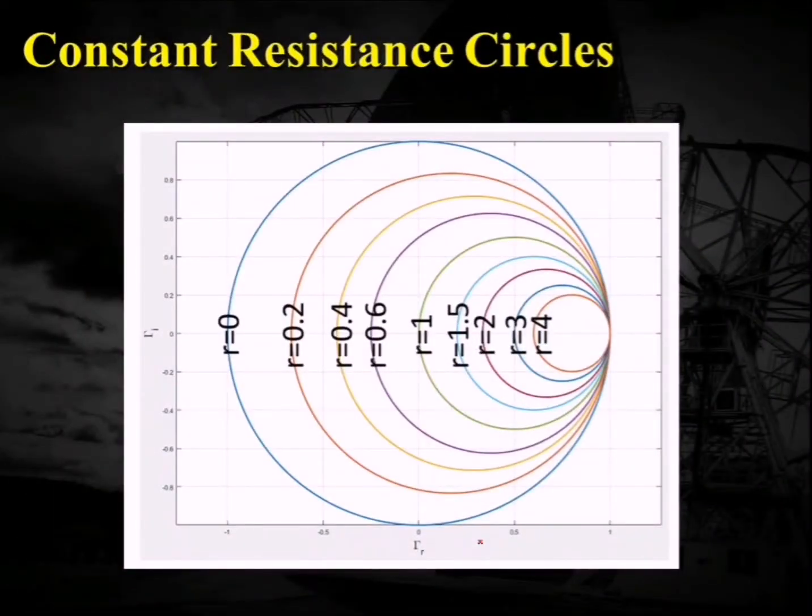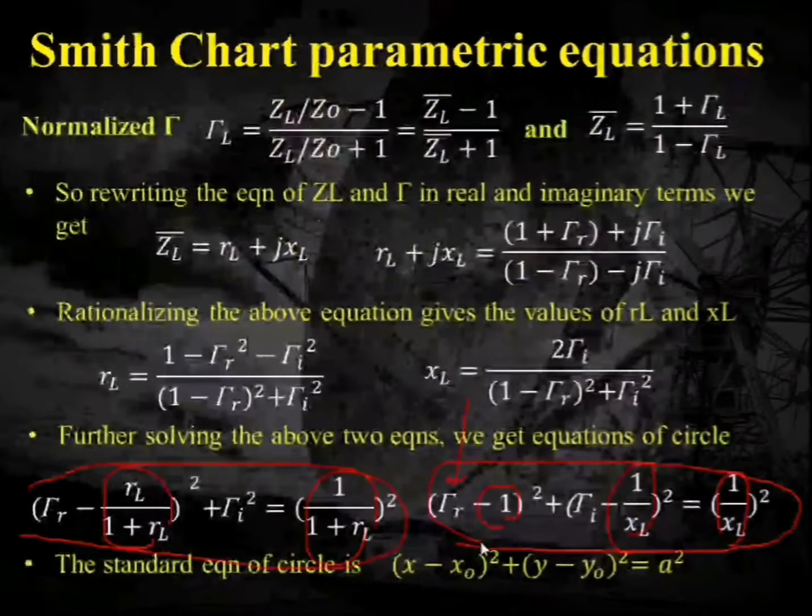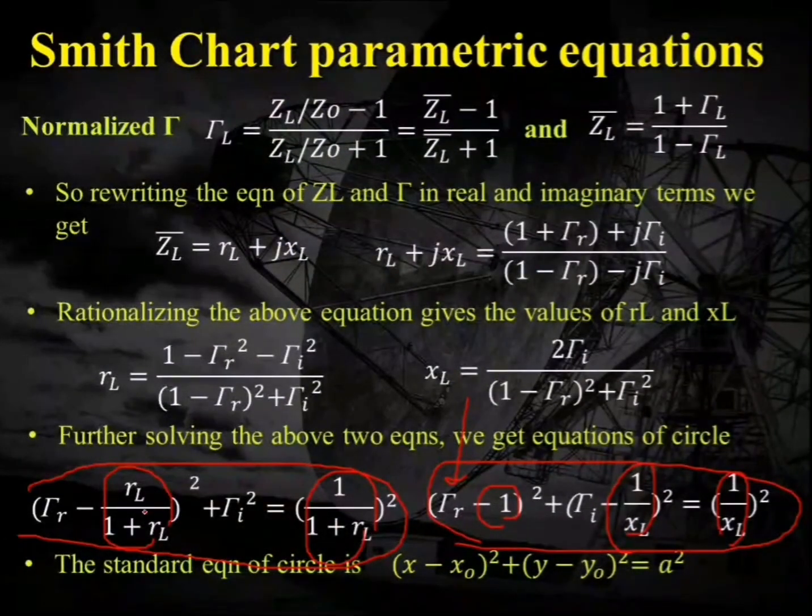The first is the constant resistance circles. As we can see in these equations, one equation corresponds to the real part, which is RL, and the other is the imaginary part, that is XL. So by solving the RL equation, we will obtain the constant resistance circles.